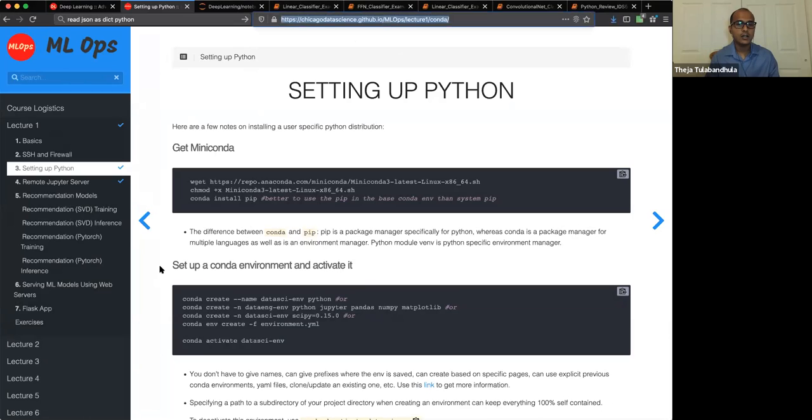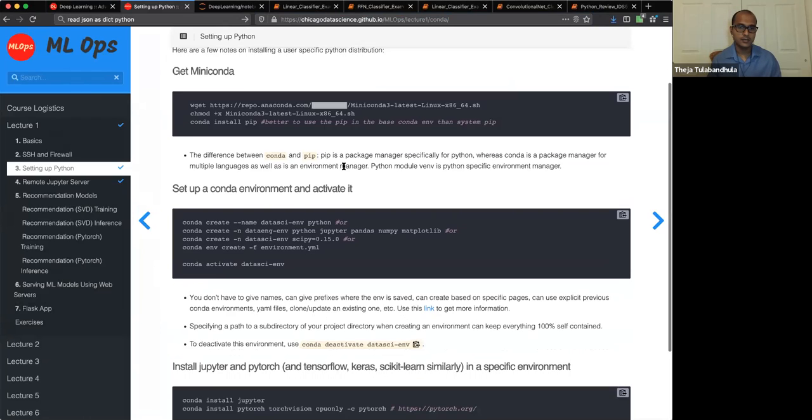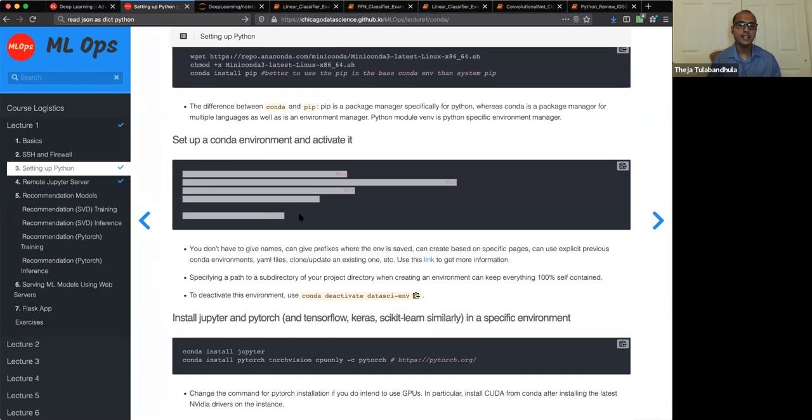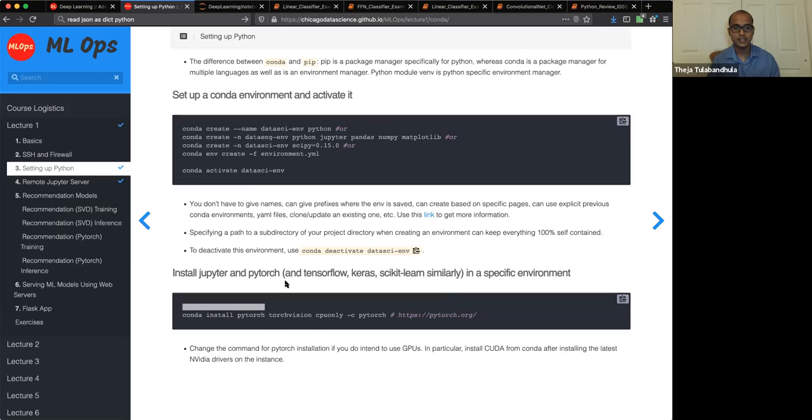You can see how to install, for example, the Miniconda distribution, and how to create an environment. This is just best practices. You don't have to create an environment to get started with Jupyter Notebook, but it's a cleaner way to do it.